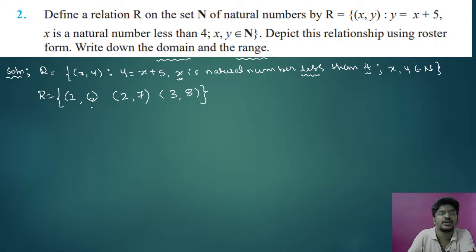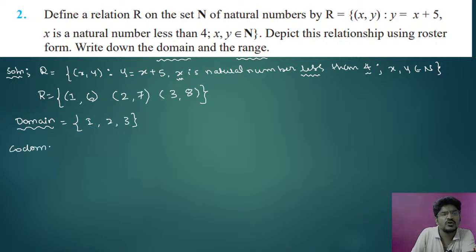Are you getting my point? So 1 comma 6, 2 comma 7, 3 comma 8 are the elements present in R. Now you see about domain. The domain is equal to the set {1, 2, 3}. And see codomain, it is going to be equal to {6, 7, 8}.